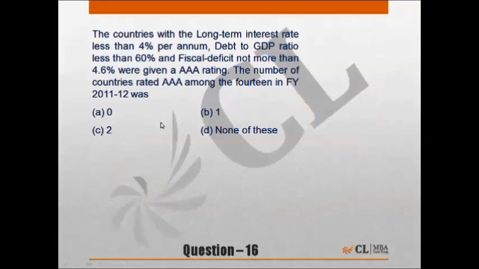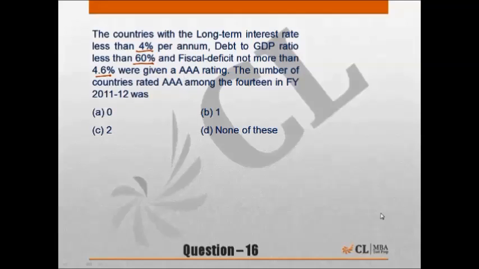Okay. Next question. The countries with long-term interest less than 4% per annum, debt to GDP less than 60%, and fiscal rating not more than 4.6% were given AAA rating. The number of countries that were rated AAA among the 14 in FY 12-13 were?